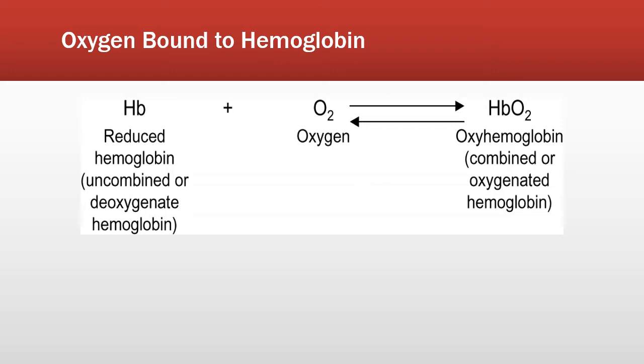When 4 oxygen molecules are bound to 1 hemoglobin molecule, the hemoglobin is saturated. Hemoglobin bound with oxygen, or HbO2, is called oxyhemoglobin. Hemoglobin not bound to oxygen is called reduced hemoglobin or deoxyhemoglobin, or simply hemoglobin. The amount of oxygen bound to hemoglobin is directly related to the partial pressure of oxygen.